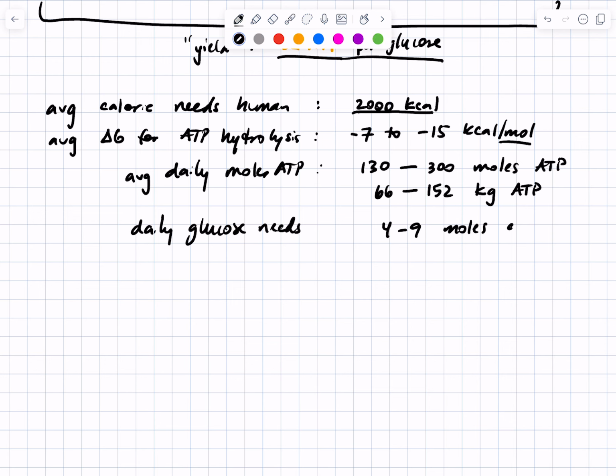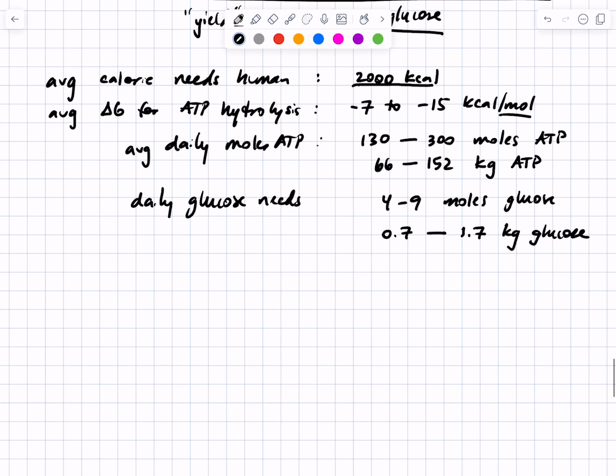And that would look like anywhere between 0.7 to 1.7 kilograms of glucose. So that's a lot of honey or a lot of high fructose corn syrup to work your way through.